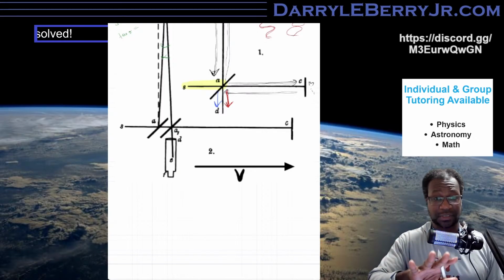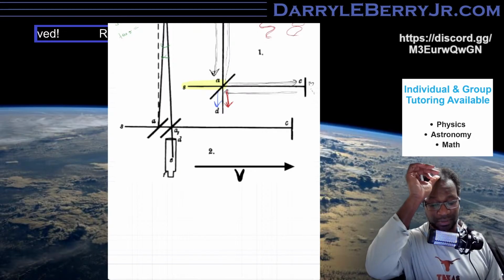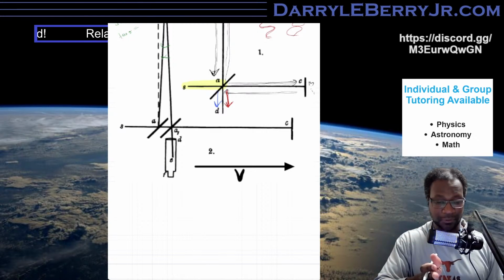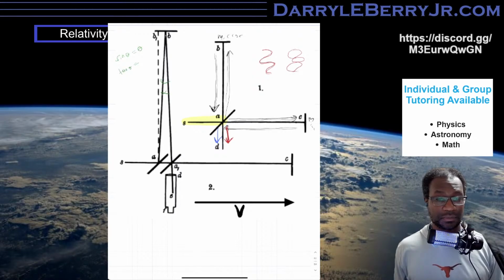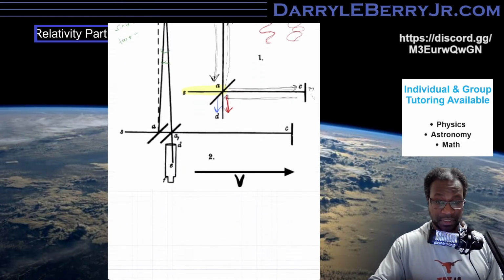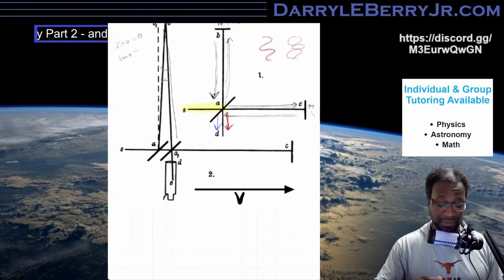But from an observer looking from the side, the light is going at an angle, and it bounces in that way. And ABA prime equals 2A. So it's saying that this distance, going both of these ways, is the same as 2A. So it seems like they're definitely making an approximation, because this distance would be slightly longer than A since it's at an angle. And this one would be slightly longer than A since it's at an angle.